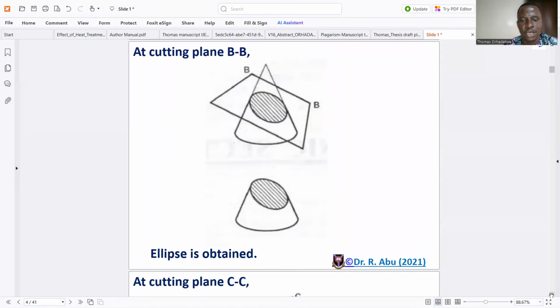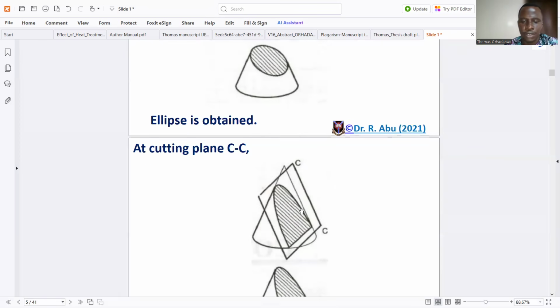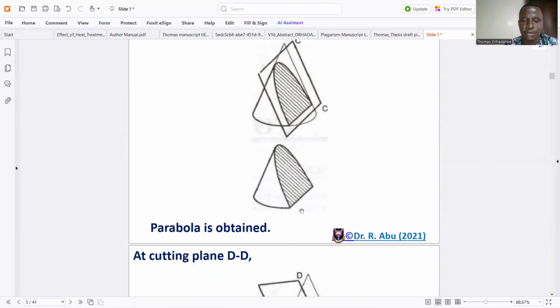You can see how an ellipse is formed if you cut the cone along the plane BB. But if you cut it almost horizontally along CC, you will form a parabola.